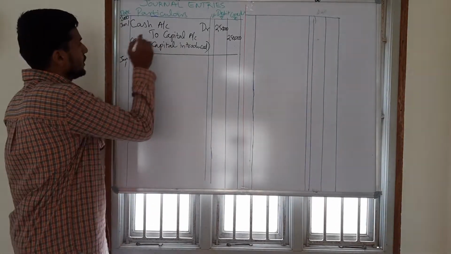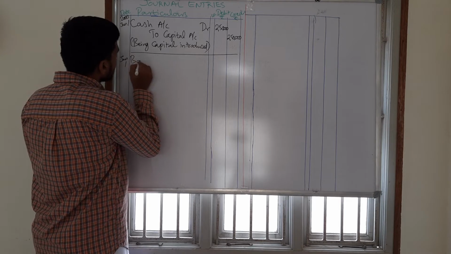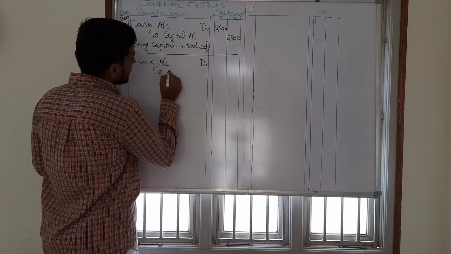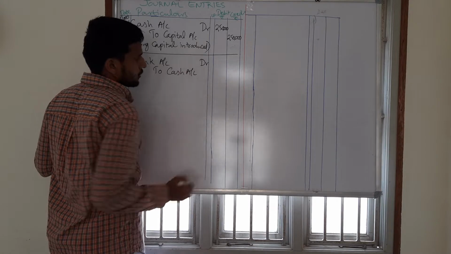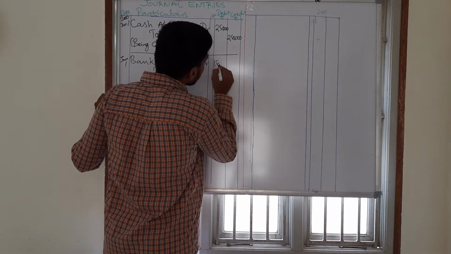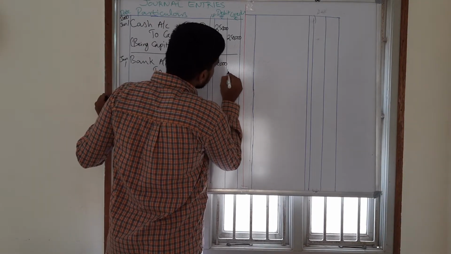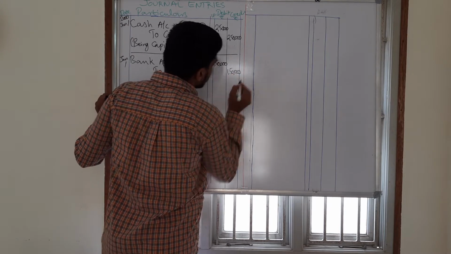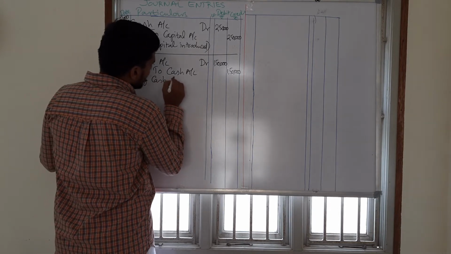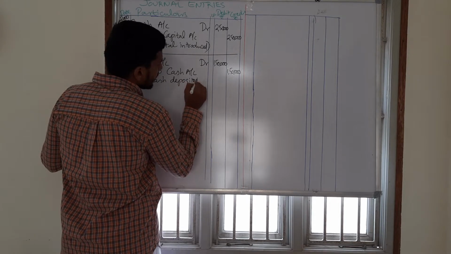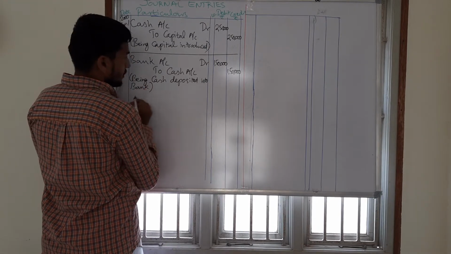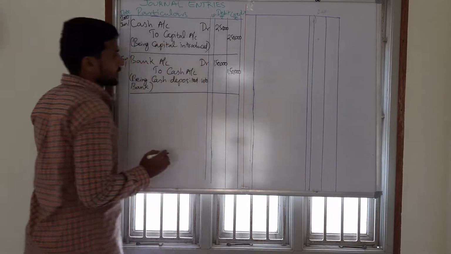The journal entry should be: Bank account debit to cash account, 1,50,000, being cash deposited into bank. Thus we completed the second journal.